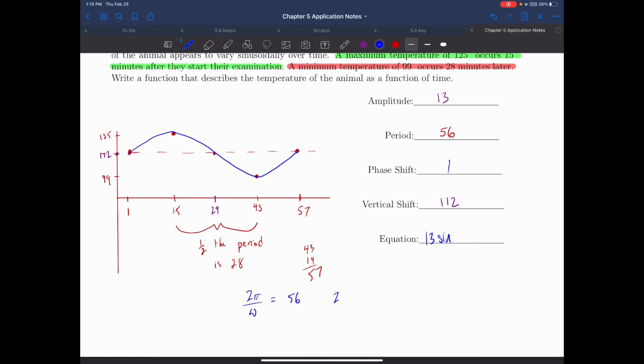So 2 pi over 56 equals omega. And since that's easy to do, omega is pi over 28. So this one would be 13 sine of pi over 28 times x minus 1 plus 112.